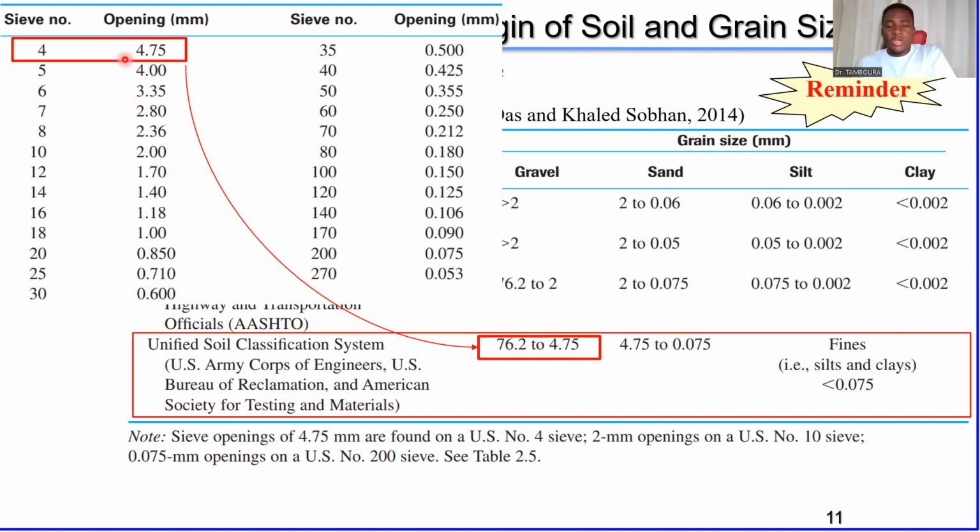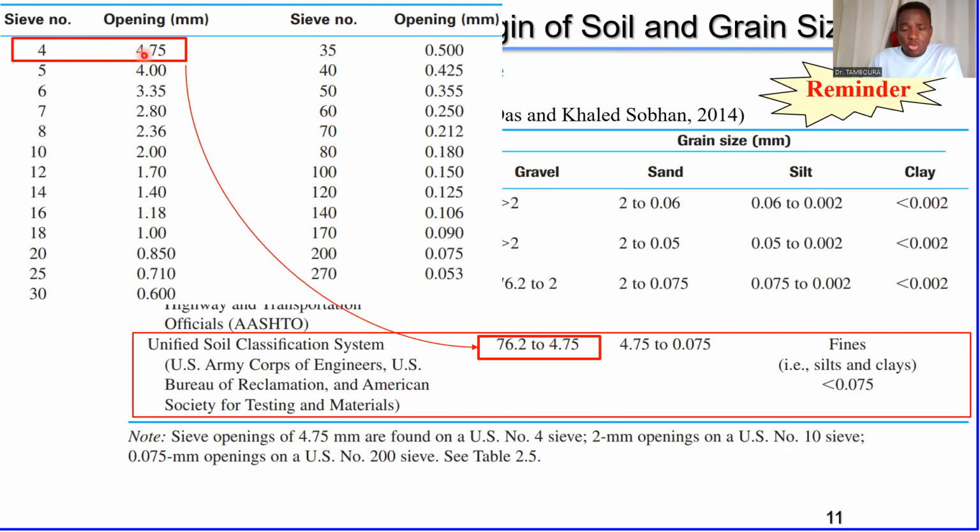If a soil particle doesn't pass this sieve number 4, it means it is gravel.